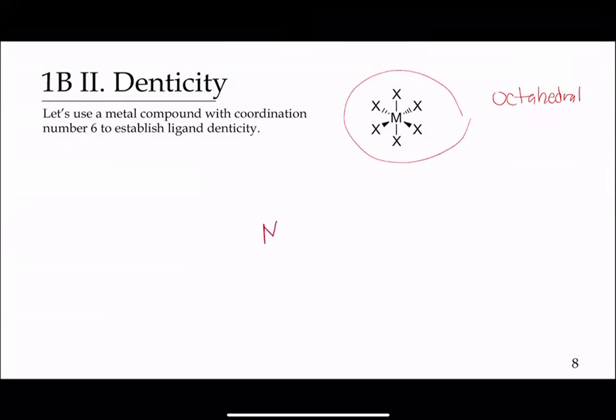We have our metal here, and what we're going to define is the positioning. It's already drawn there, but I want to elaborate on what I have drawn, because sometimes people don't understand the way the drawing is represented. According to this, we have two types of positions in which atoms can be located. We have two positions that are in the plane of the screen, where I'm going to use the general term X for an atom coordinating to the metal.